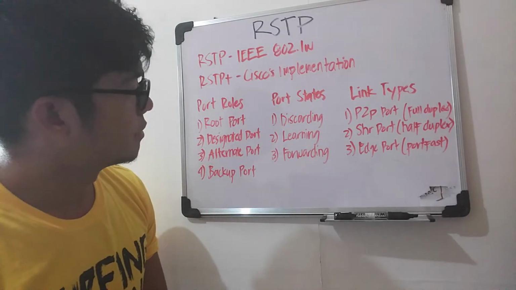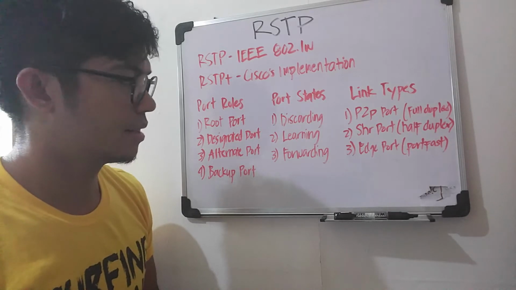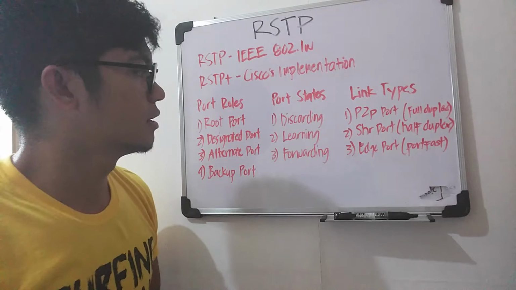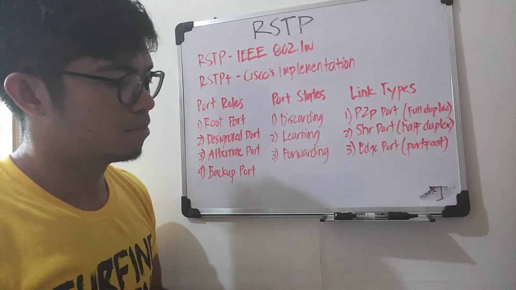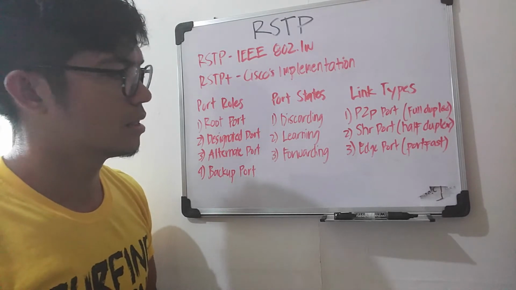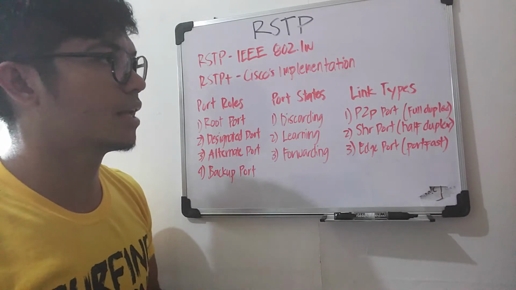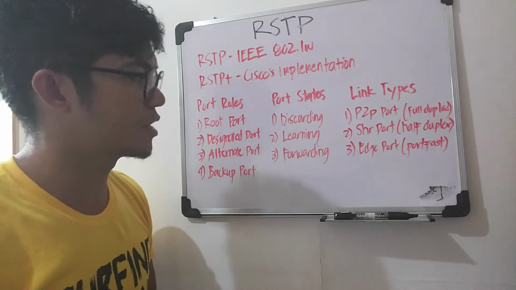And the learning state is just like the learning state in 802.1D. It is populating the MAC address table, and receiving and sending BPDUs, but not forwarding data frames yet.